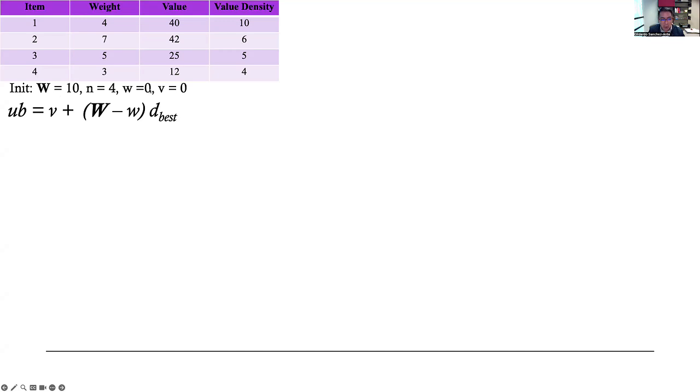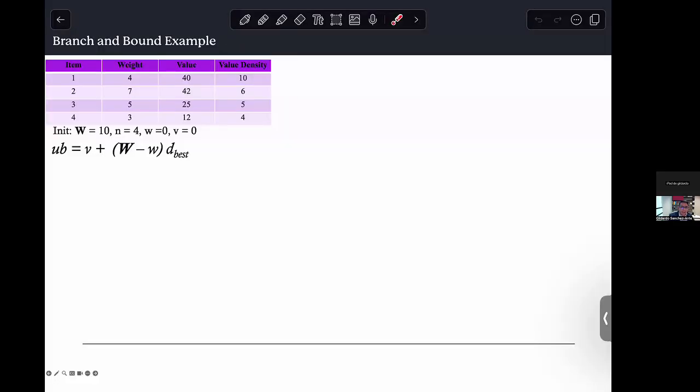We haven't chosen anything, and the value also is 0, and just the formula to compute the upper bound, so that maybe we still don't memorize it, and we will have it here to help us. Okay, so we have here the problem that we were talking about, and we will start solving it.